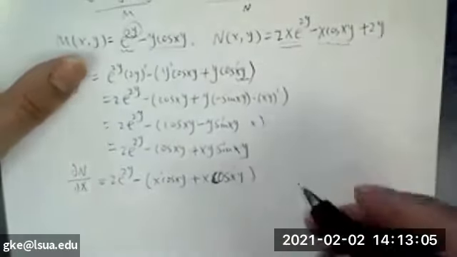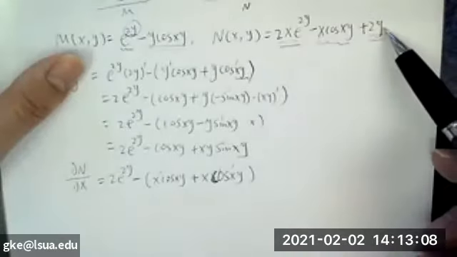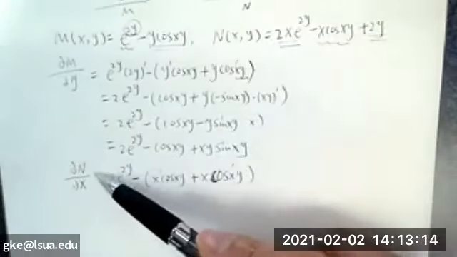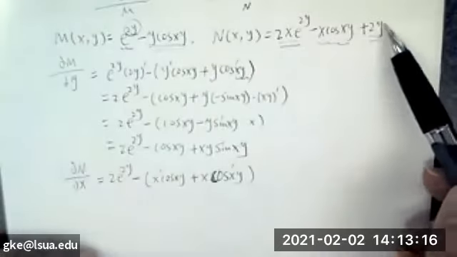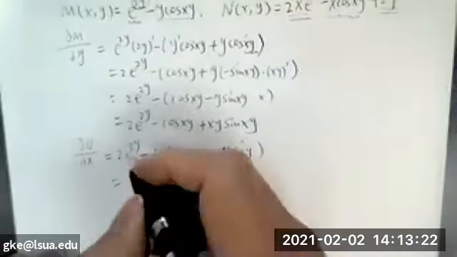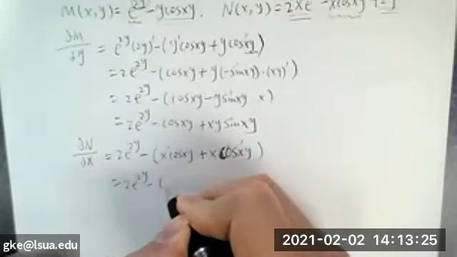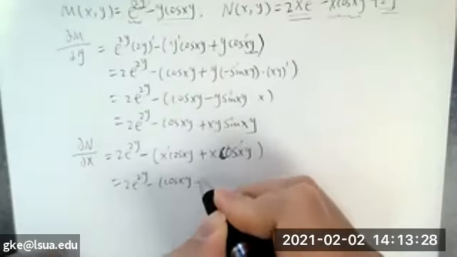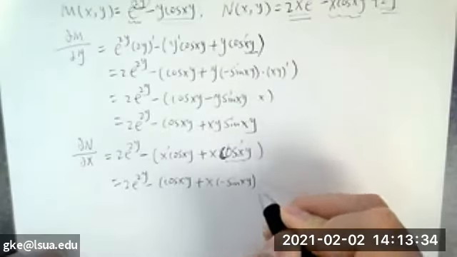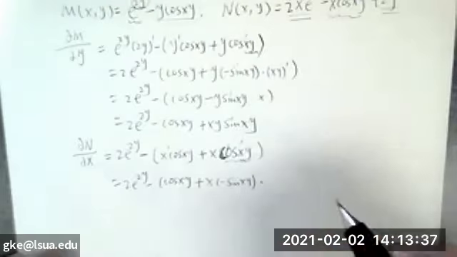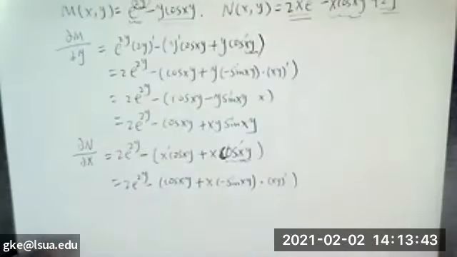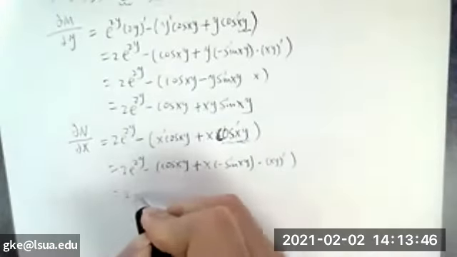And the third term is 2y. Here we do the derivative with respect to x, so this equals 0, it's a constant. So we can simplify it. And there will be a negative sin(xy), and this is a composite function, with x prime. And we can simplify this.